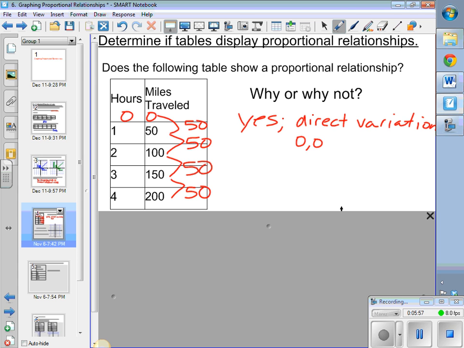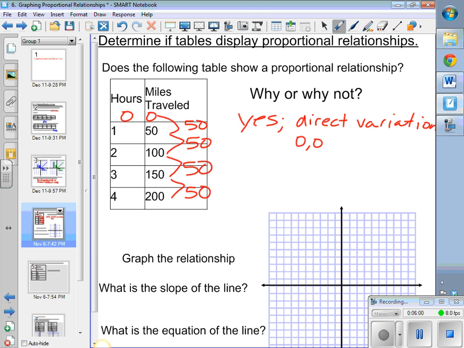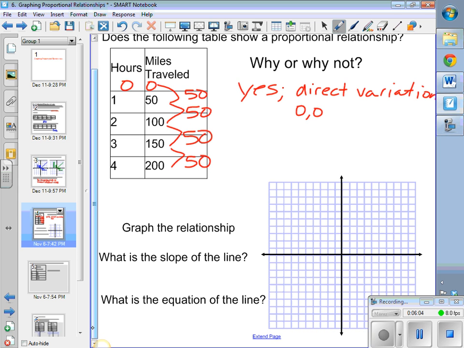All right, let's look at the next one. So we're supposed to graph this, sorry. Again, 0.